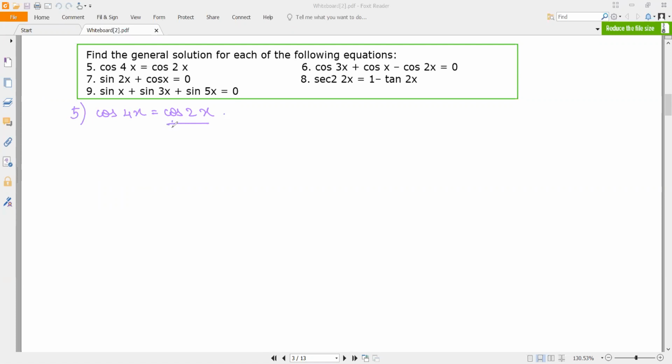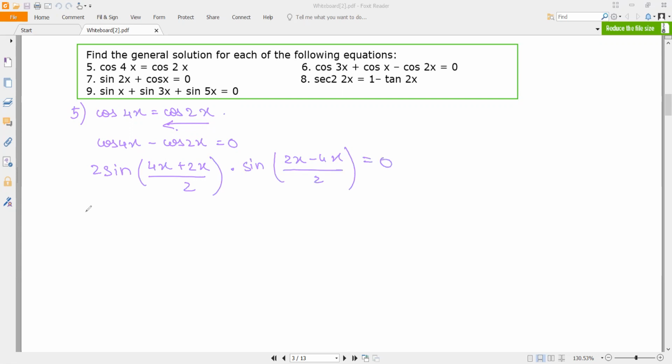Now you can take cos 2x to the left hand side. So you get cos 4x minus cos 2x equals 0. Here x is distributed in two terms. You have to merge them to form a single term. Cos A minus cos B equals 2 sin((A+B)/2), which is (4x+2x)/2, into sin((B−A)/2), (2x−4x)/2.